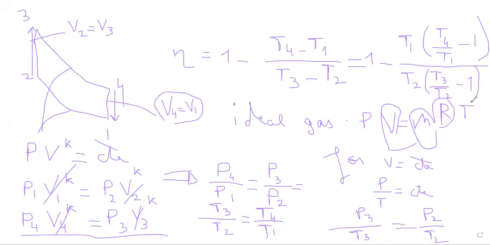Okay, so now I can say the following. First, when I did my analysis, I came up with equal ratios. T3 over T2 and T4 over T1 are equal. So I can cancel out these two terms. And now my efficiency is so simplified. I just have to determine my final ratio, which is T1 over T2.